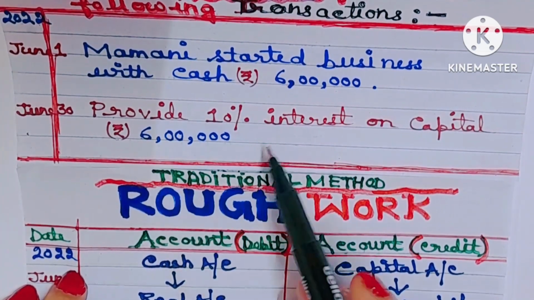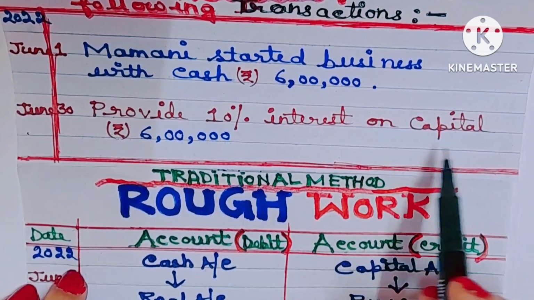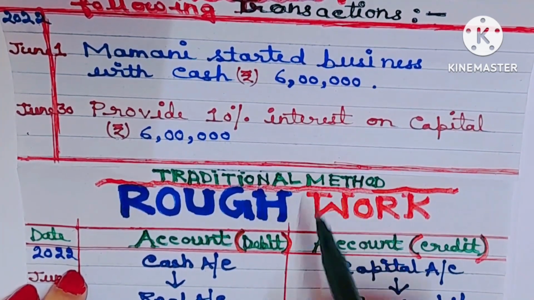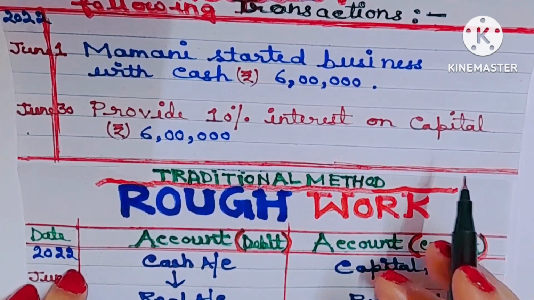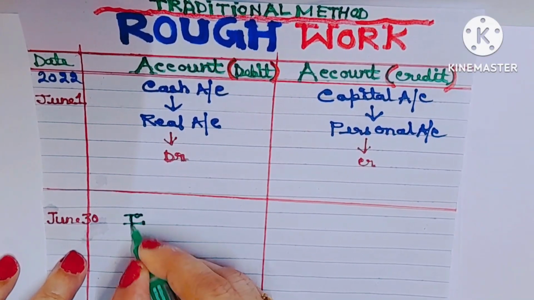So provide 10% interest on capital. One will be interest on capital account. Another will be capital account. Okay. So let's write.